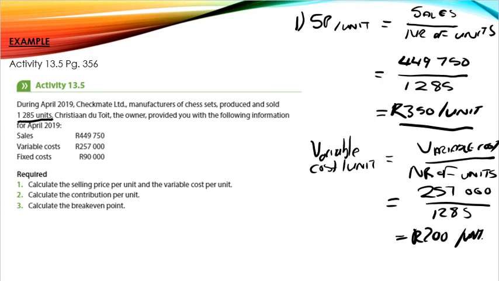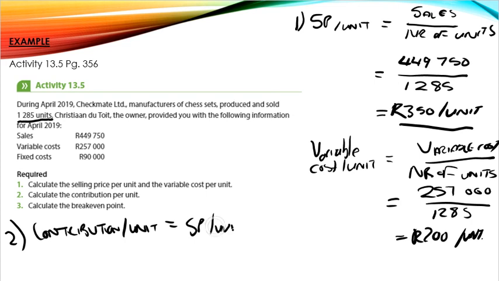Okay, now I have all the information I need to do number 2. So number 2 is contribution per unit, and that I get from taking my selling price per unit and subtracting my variable cost per unit.